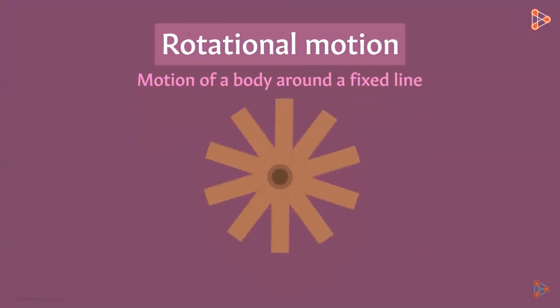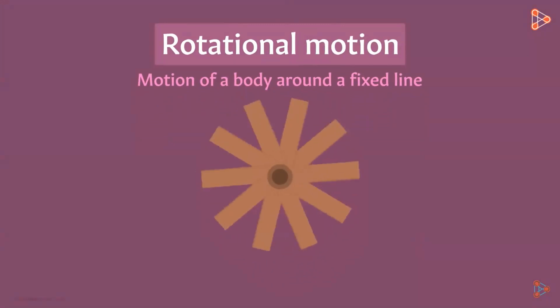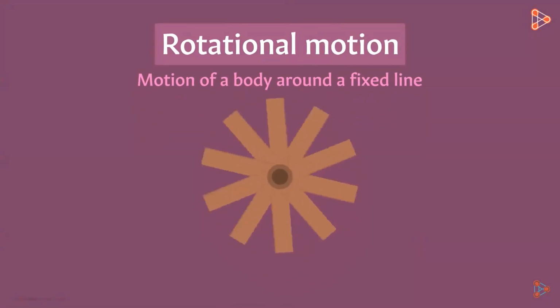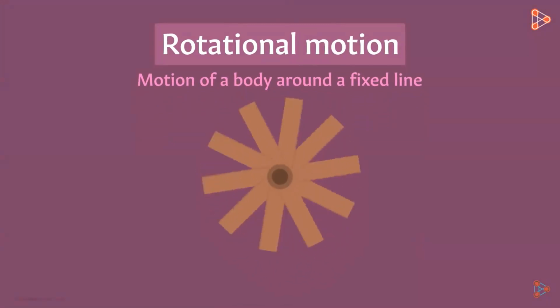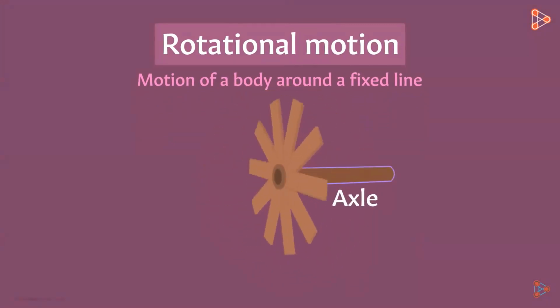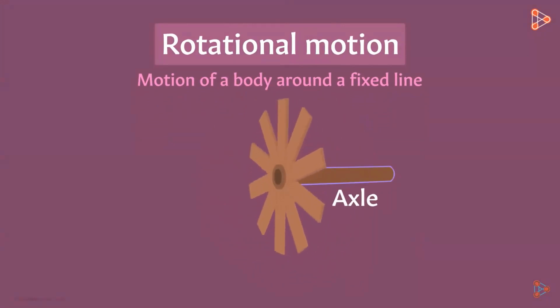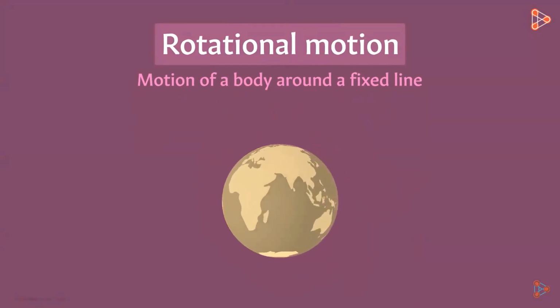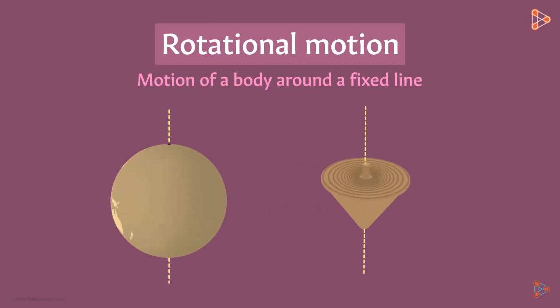We use the word rotating because it's performing rotational motion. What is axis of rotation in this case? Yes, it lies on the axle of the wheel. So the wheel is also undergoing rotational motion about this fixed line. Other examples of this type of motion can be the Earth spinning around its axis and a spinning top.